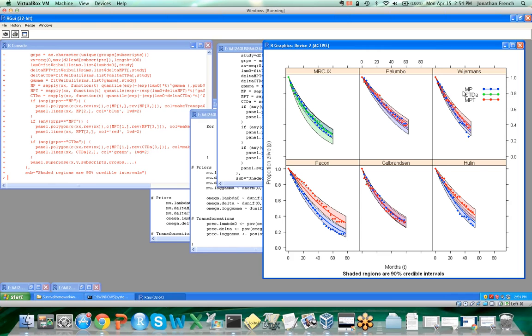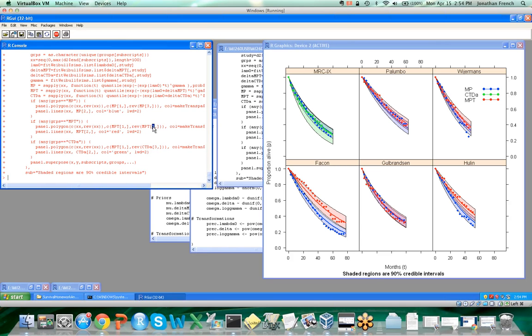So here we see, again, I'm not overlaying the two plots, but if you were to look at the exponential fits and the Weibull fits side by side, you'd see that there's very little difference.